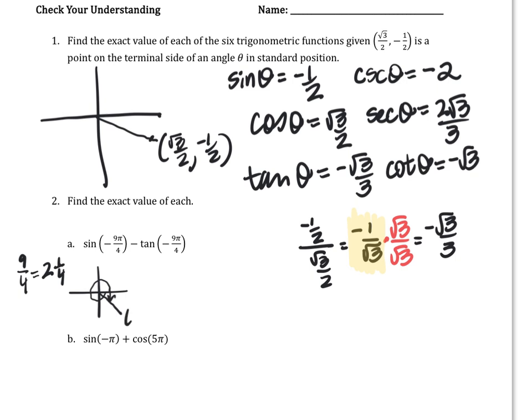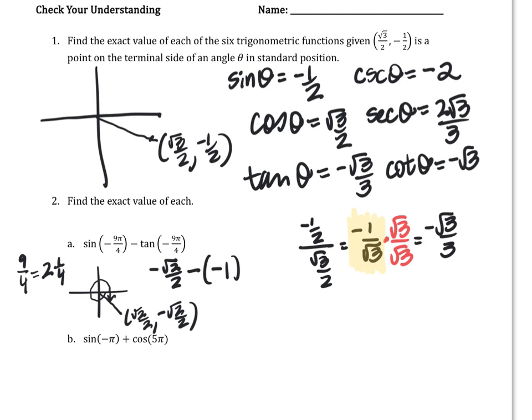Remember, in this ordered pair, x is positive, y is negative. So sine of that would be negative square root of 2 over 2. And minus tangent of that, tangent would be y over x, so that's negative 1.